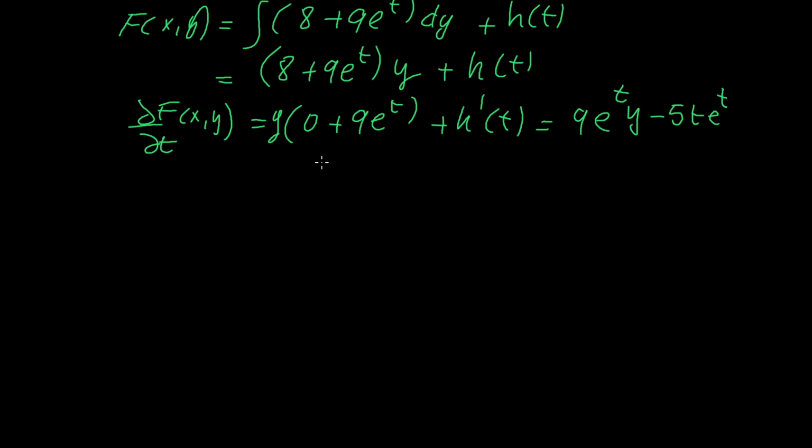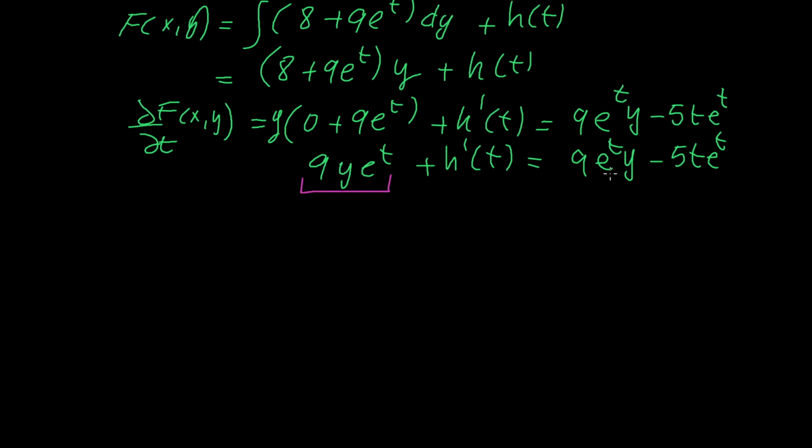Okay, so 9y e^t plus h prime of t equals 9e^t y minus 5t e^t. Okay, so it looks like these two match, which is good. So now h prime of t is going to be this part.